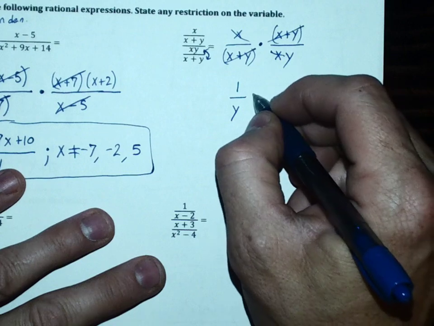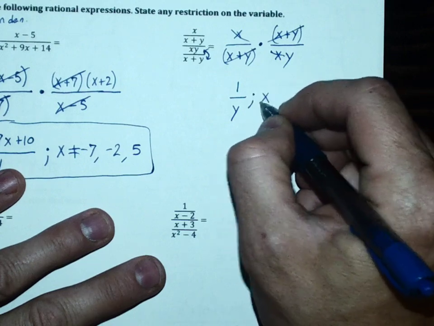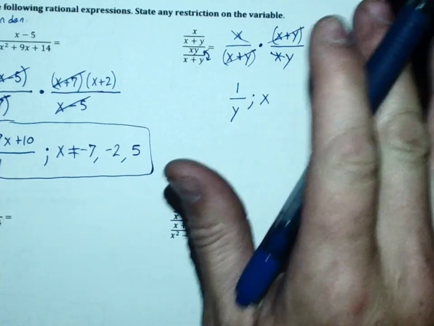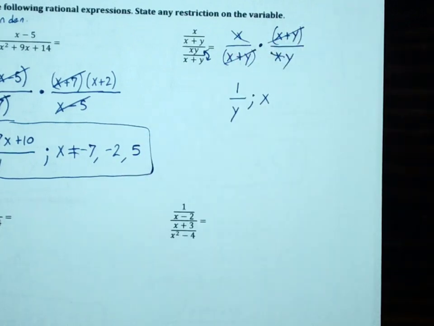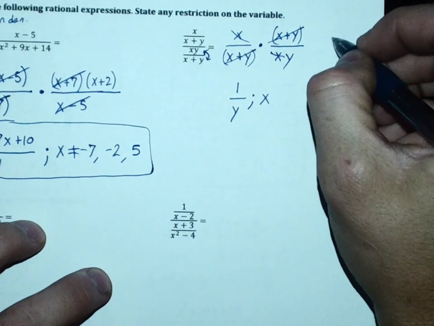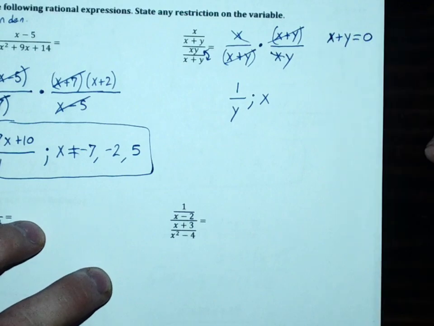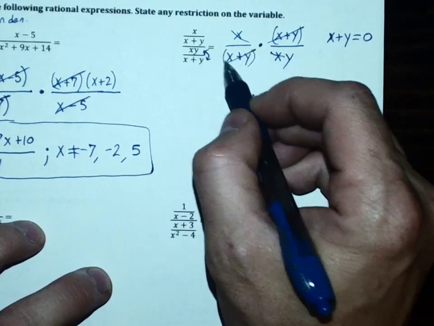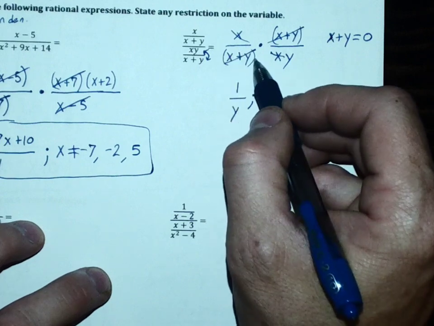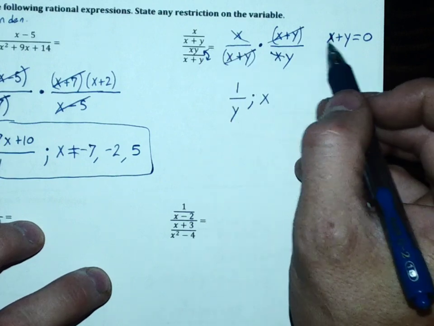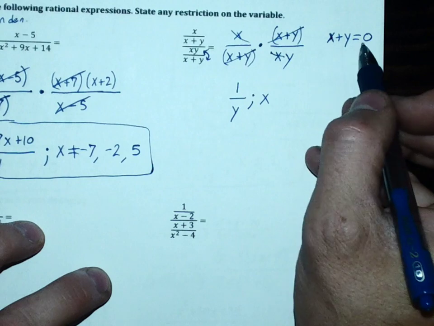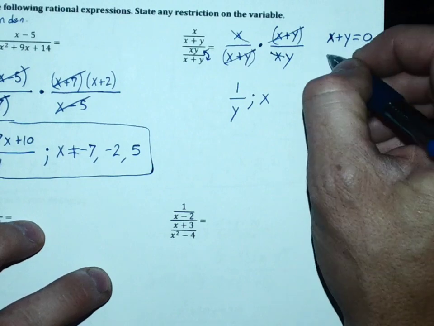But again, we have to state our restrictions. Now, it's a little tricky on this one. What makes x plus y equal 0? x plus y is in the denominator. The question is, what makes x plus y equal 0? Well, subtract y over.